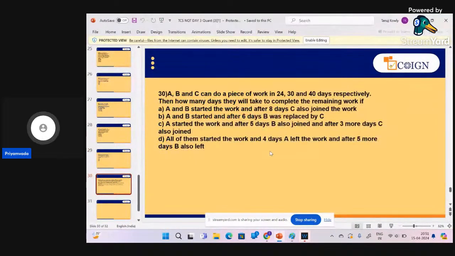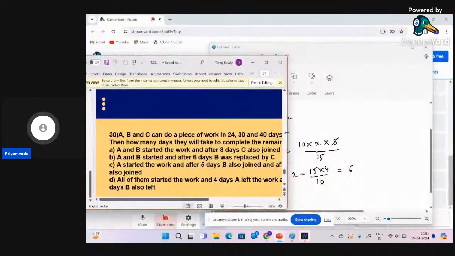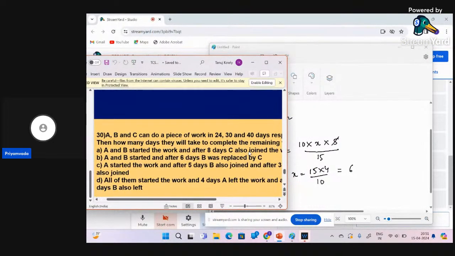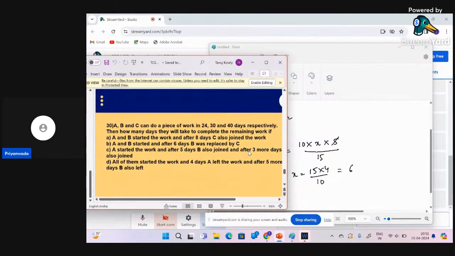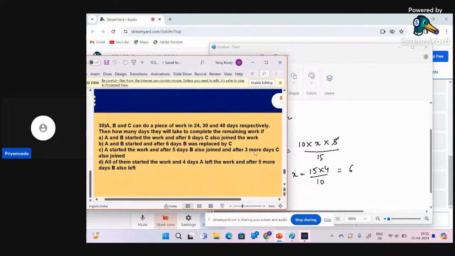This is a 4-part question. The first part is the information we have right now, and then we'll be doing the A, B, C, D questions. So first of all, let us read the information they have given to us. A, B, and C can do a piece of work in 24, 30, and 40 days respectively.